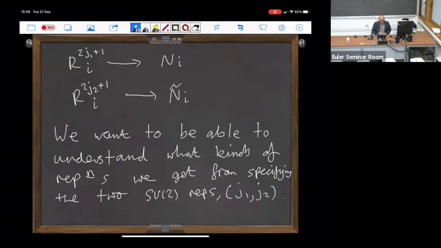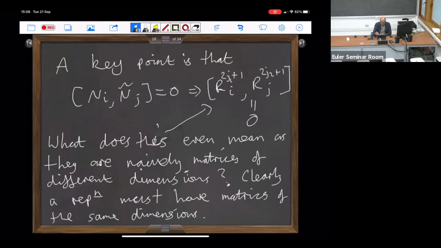This doesn't give us yet a representation because we have to figure out how to get the right matrices from it.